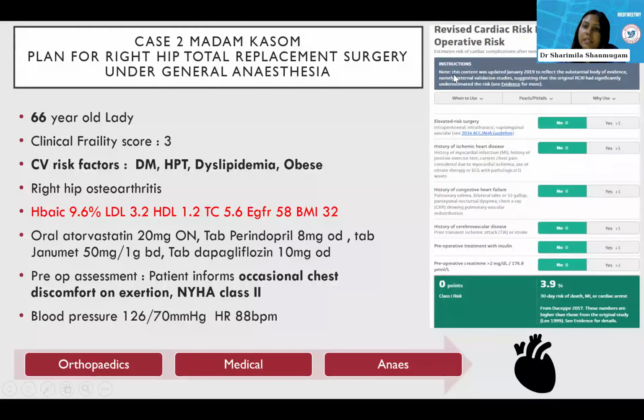Her revised cardiac risk index: elevated-risk surgery, this is for high risk, so she's intermediate risk; history of cardiovascular event, no; congestive heart failure, no; cerebrovascular accident, no; insulin therapy, also no; creatinine was all right. So you see she scores 0, and her 30-day risk of mortality, myocardial infarction, and cardiac arrest is only 3.9.